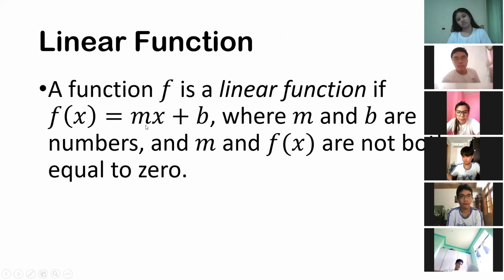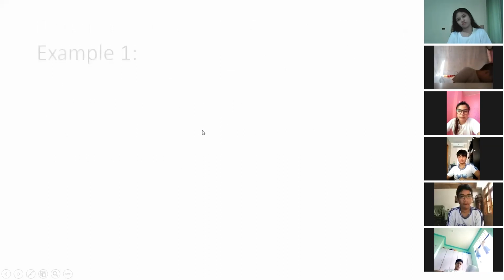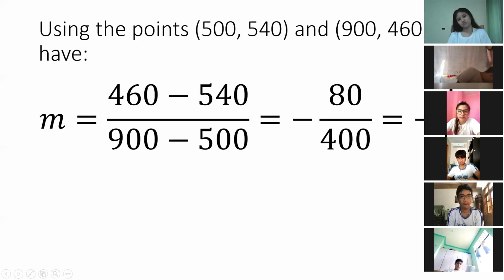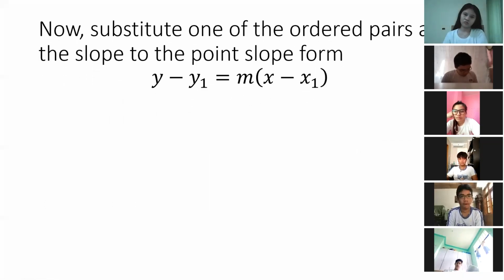Given that we already have the slope, we can find the y-intercept, or we can use the point-slope form. We have the slope, which is negative 1/5. We can use either of the points, 500 and 540 or 900 and 460, to find the equation of the line. So perhaps we use 500 and 540.